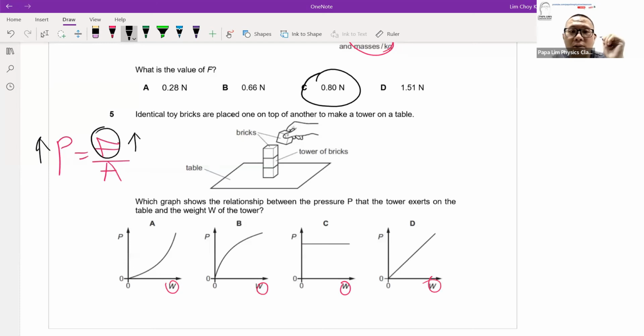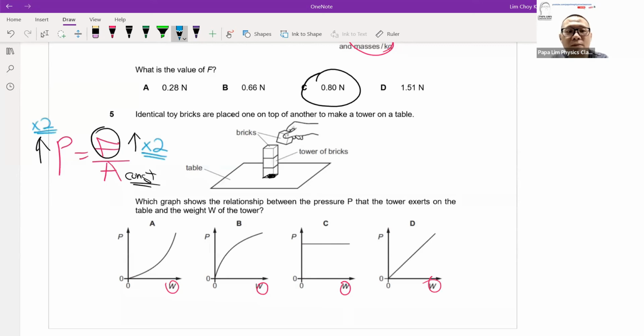But what is interesting about this is that the bricks are being stacked on top of each other, which means the perpendicular area that we are looking at is always a constant value. So if my bricks double, the weight doubles, you'll find that the pressure will also double by the same amount.